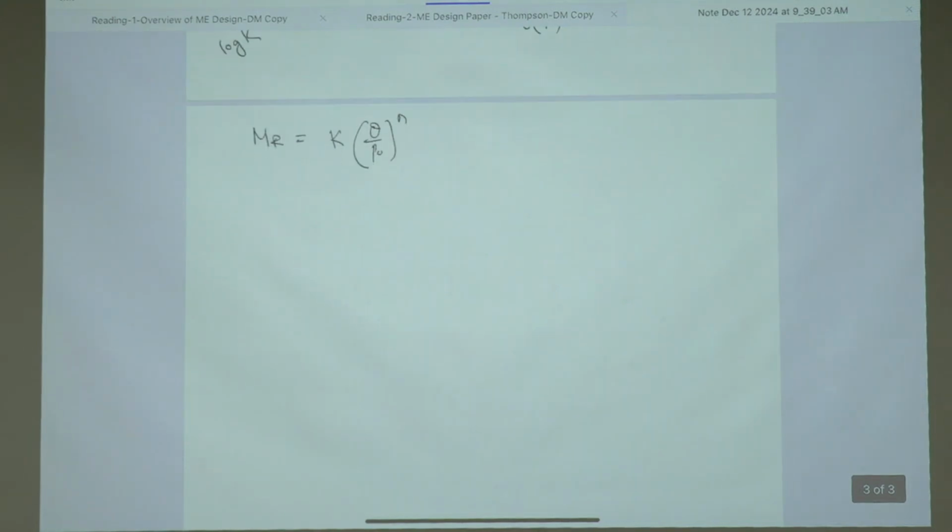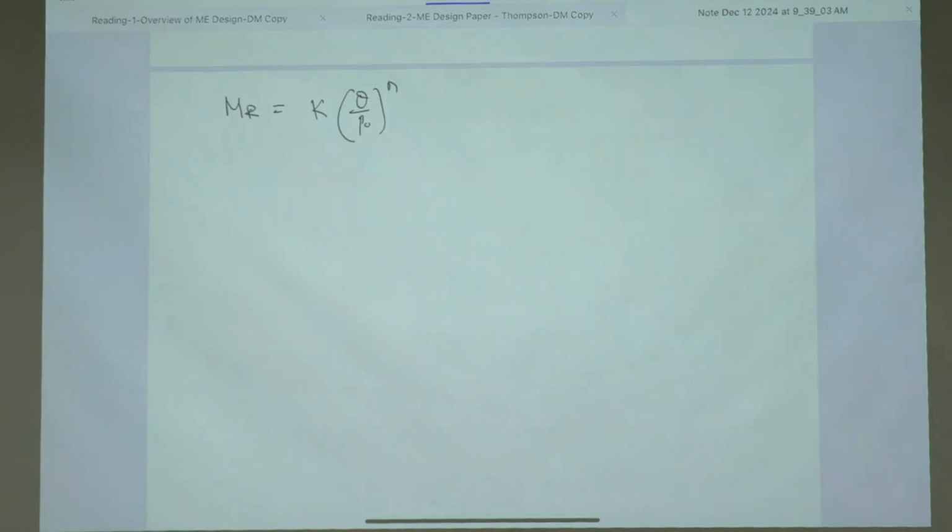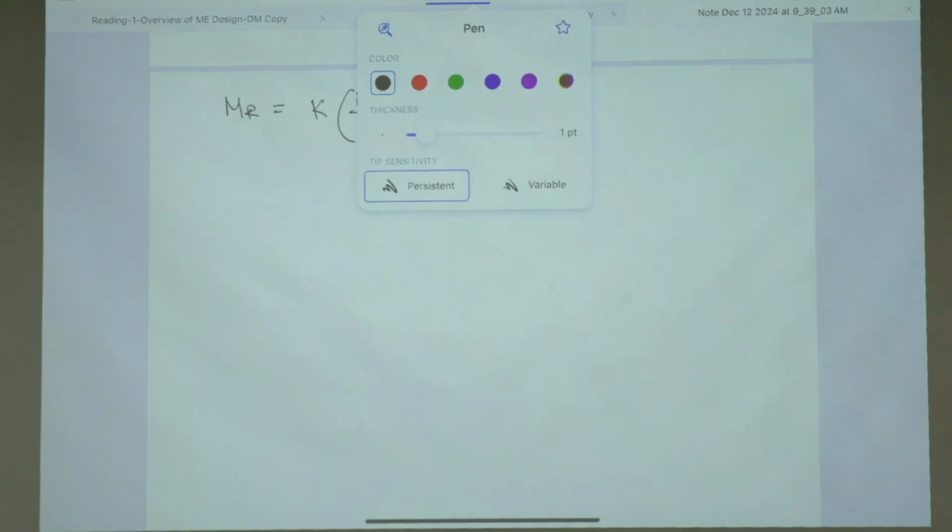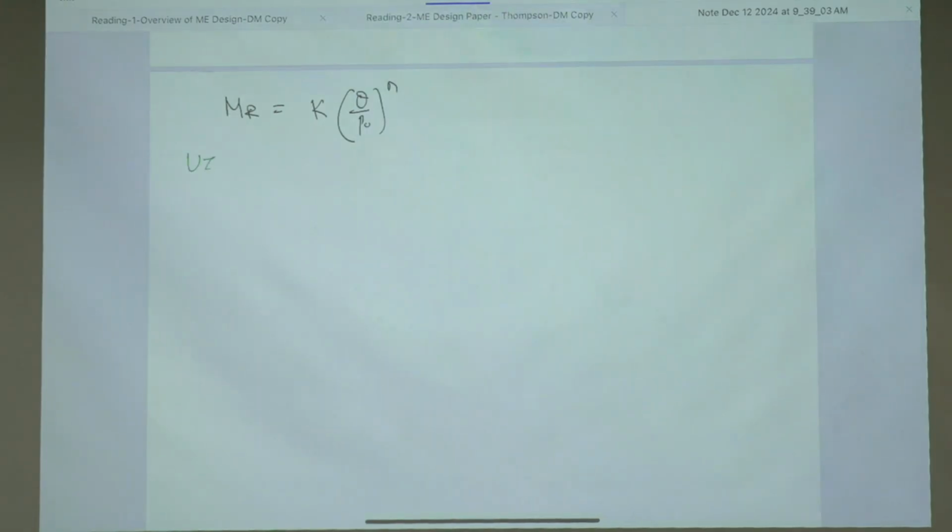Now, the next model is the Uzan. If you want to go into Uzan, the formulation becomes MR is equal to K1 theta over P0 raised to the power K2 sigma D raised to the power K3.